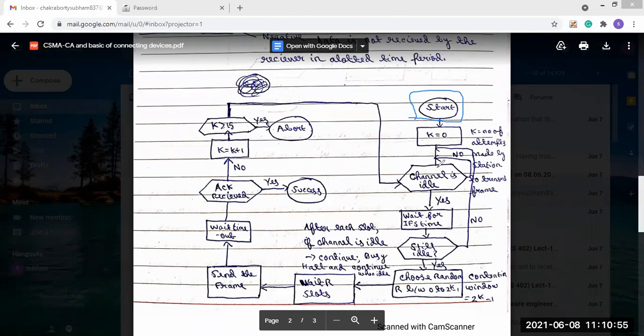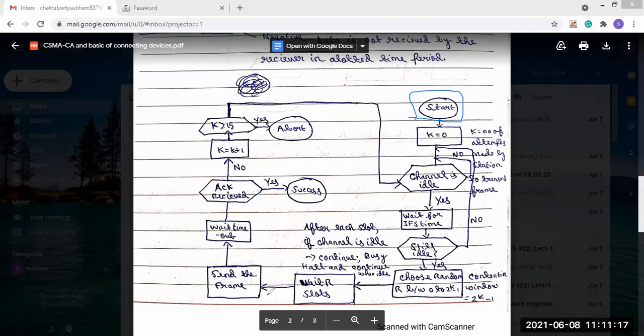That means wait and continue when idle. If it finds that the channel is busy, then pause. After pausing, then continue. When it continues, it sends the frame.